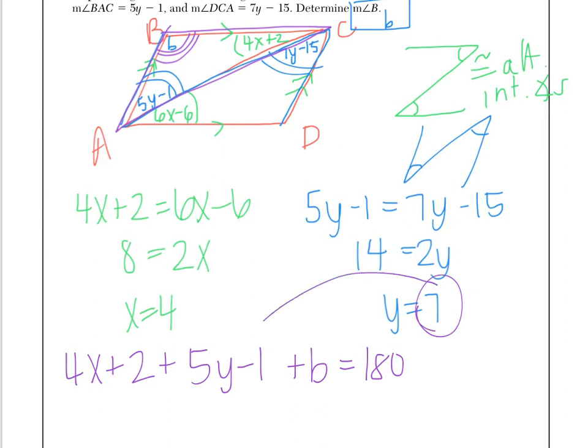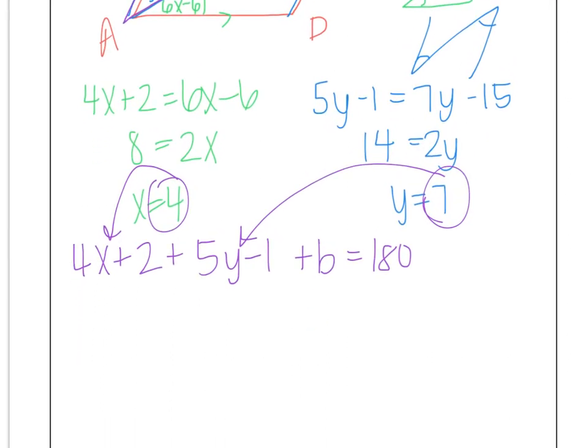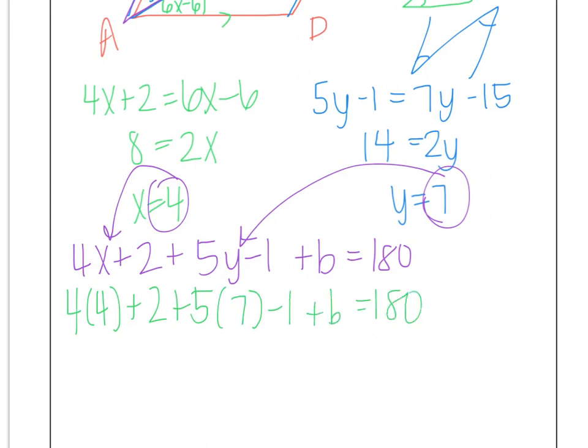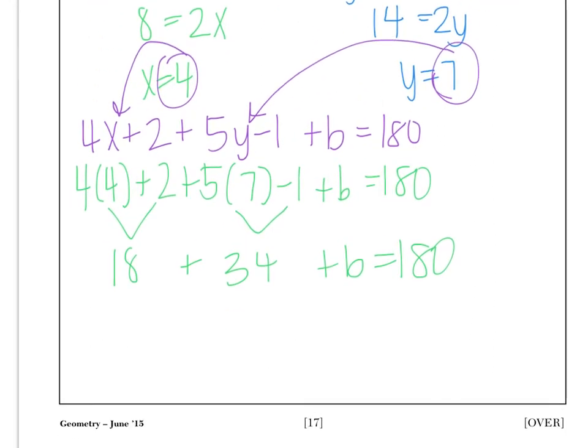Now we know y is 7 and we know x is 4, so we're going to plug both of those values in at the same time. 4 times 4 plus 2 plus 5 times 7 minus 1 plus b equals 180. 4 times 4 is 16 plus 2 more is 18. 5 times 7 is 35 minus 1 more is 34 plus b equals 180. 18 plus 34 gives us 52 plus b equals 180.